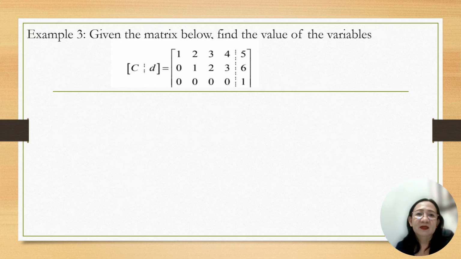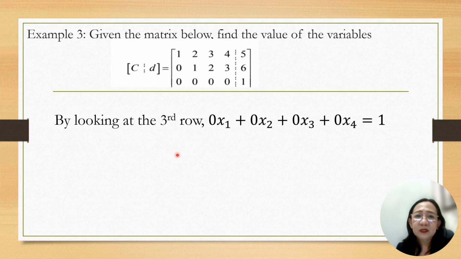Now, how about this example number 3? So, looking back, given the matrix, find the value of the variables. Now, looking now at the third row. The third row representing 0x sub 1 plus 0x sub 2 plus 0x sub 3 plus 0x sub 4 is equal to 1.